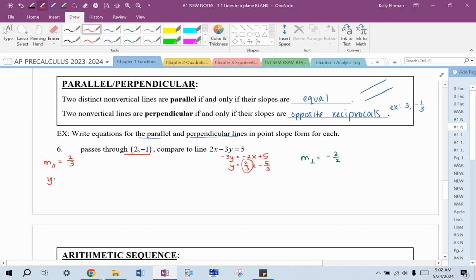So y plus 1, minus negative 1, is going to equal 2/3 times x minus 2. This didn't tell me to write both types of equations, so I'm just going to write point slope and call it a day. And then what about the perpendicular line? Use the same point: y plus 1 is equal to negative 3 over 2, x minus 2.